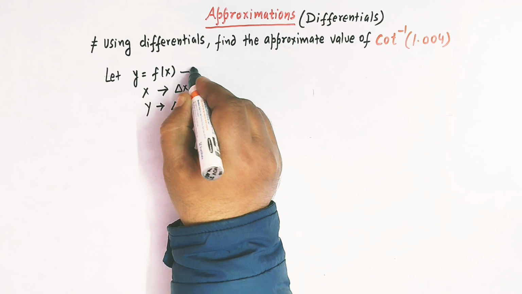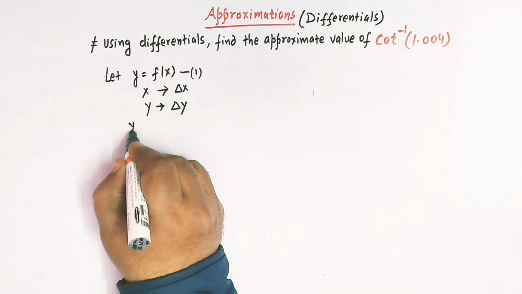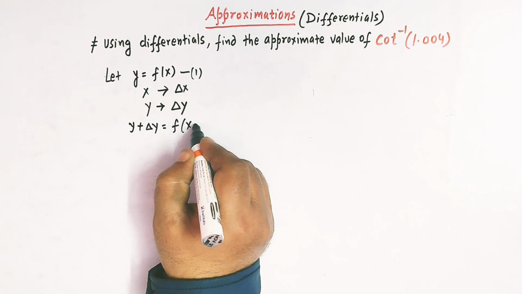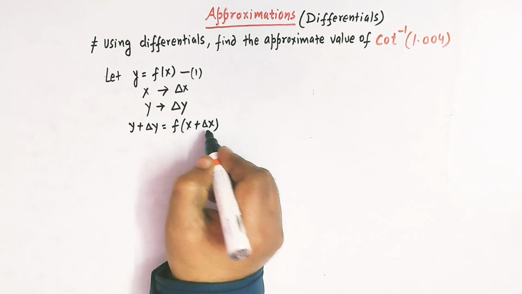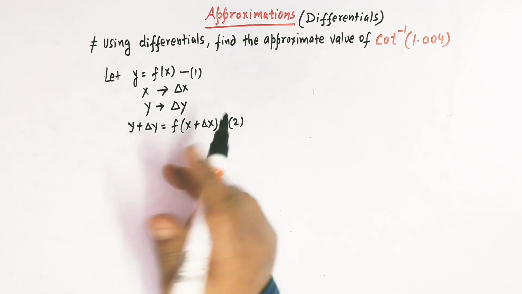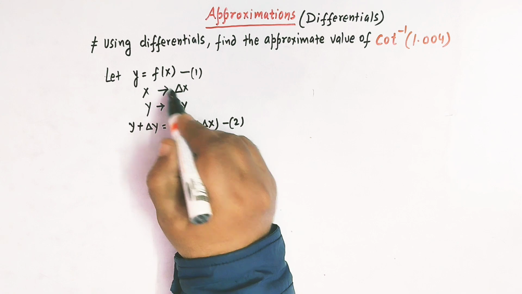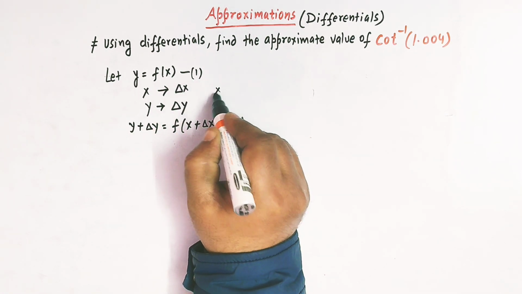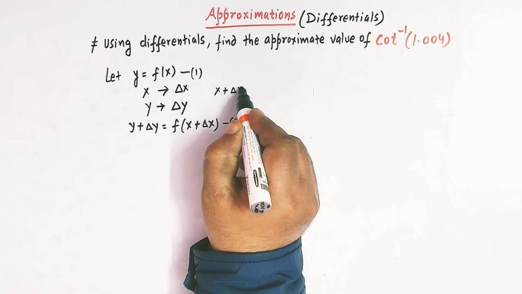So now this equation can be written as y plus delta y is equal to f of x plus delta x, right? So this equation number 2 suggests that when we make a small change in the value of x, that is delta x, then it becomes x plus delta x, right?